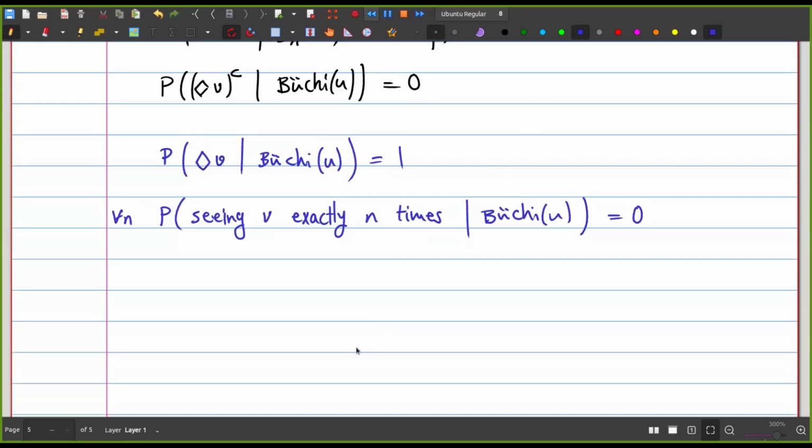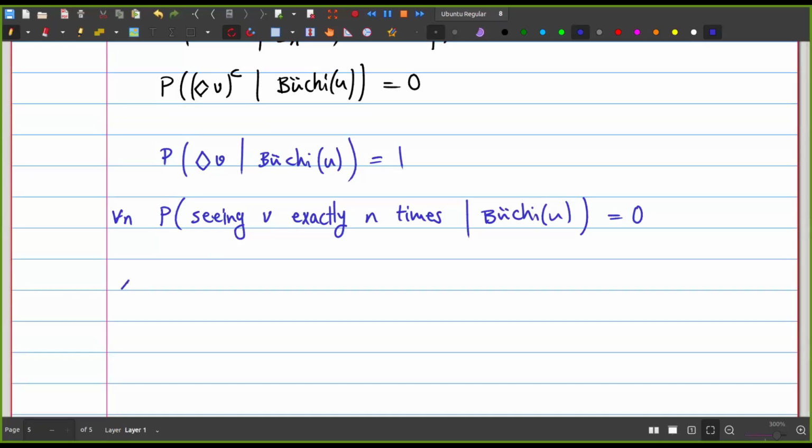Okay. But now look at these two things. I know that assuming that I'm visiting U infinitely many times, with probability 1, I will visit V. But for every n, the probability of seeing V exactly n times is 0. But here's the thing.